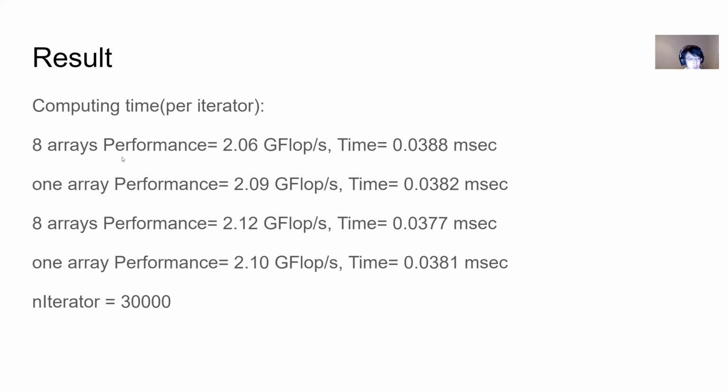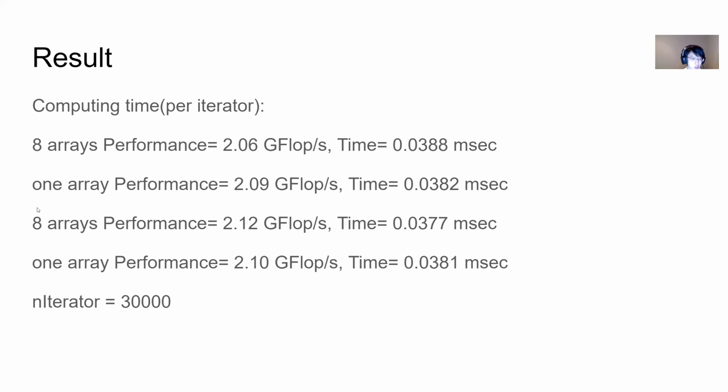For the 8 arrays performance, which means we separate the arrays in different memory, which means non-consecutive memory, the GFLOPS is 2.06, and the time is almost 0.03 milliseconds. And the one array performance has almost the same time.